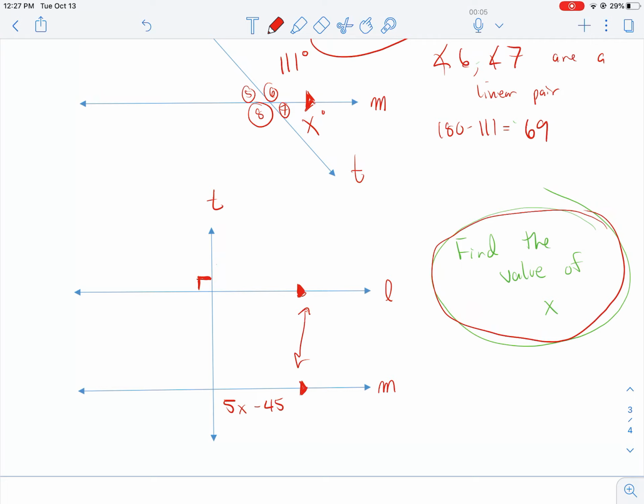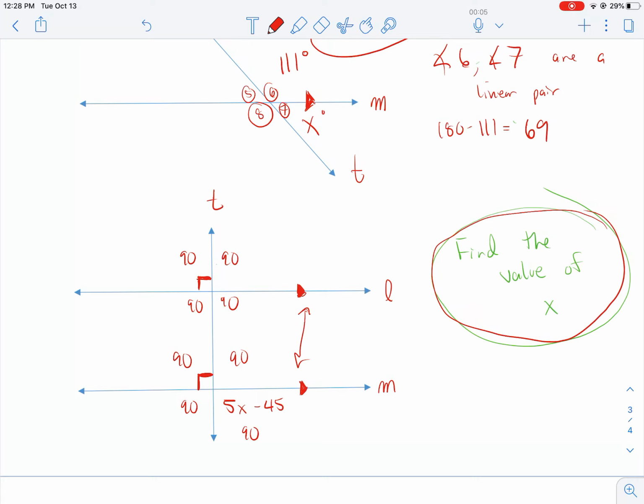And then it also shows that T is perpendicular to L, which means all of these are going to be 90 degrees. So if T is perpendicular to L, based off our theorem up top there, then T is also perpendicular to M, which means all of these are equal to 90 degrees.